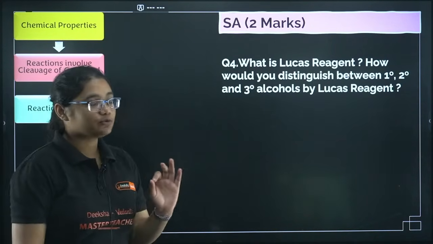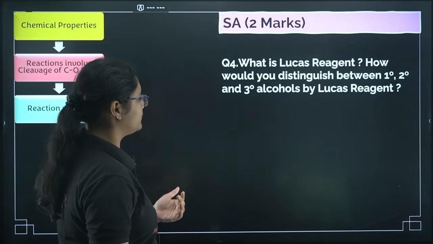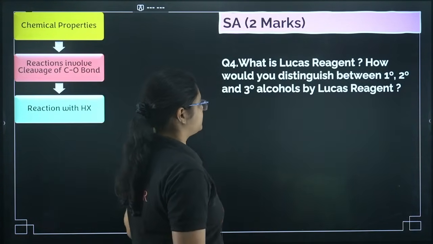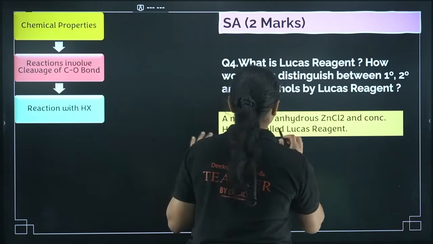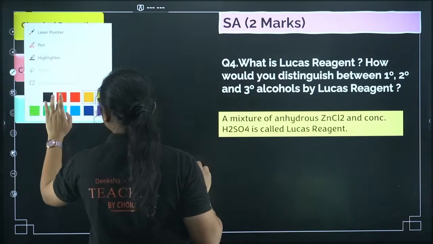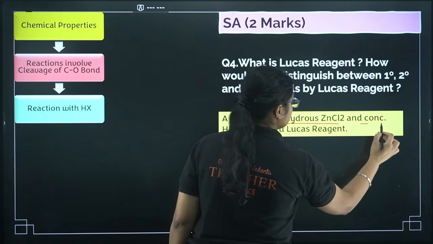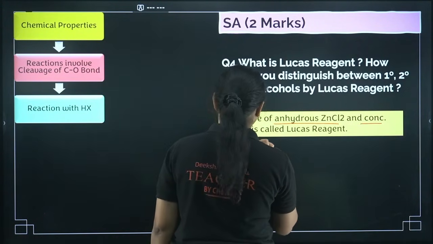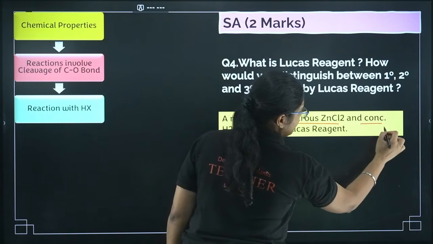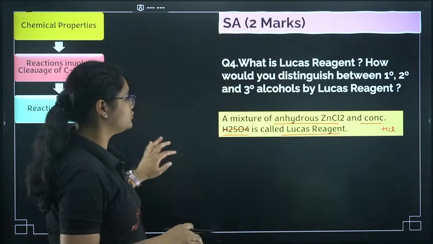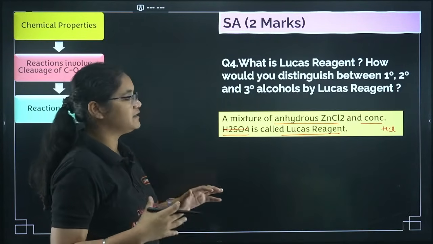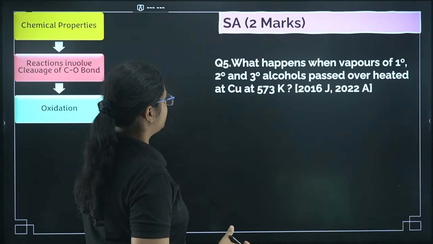Next, what is Lucas reagent and how would you distinguish between primary, secondary and tertiary alcohols by Lucas reagent? So Lucas reagent is a mixture of anhydrous ZnCl2 and concentrated, sorry, concentrated HCl, is called Lucas reagent. And how is it used to differentiate between primary, secondary and tertiary alcohols?